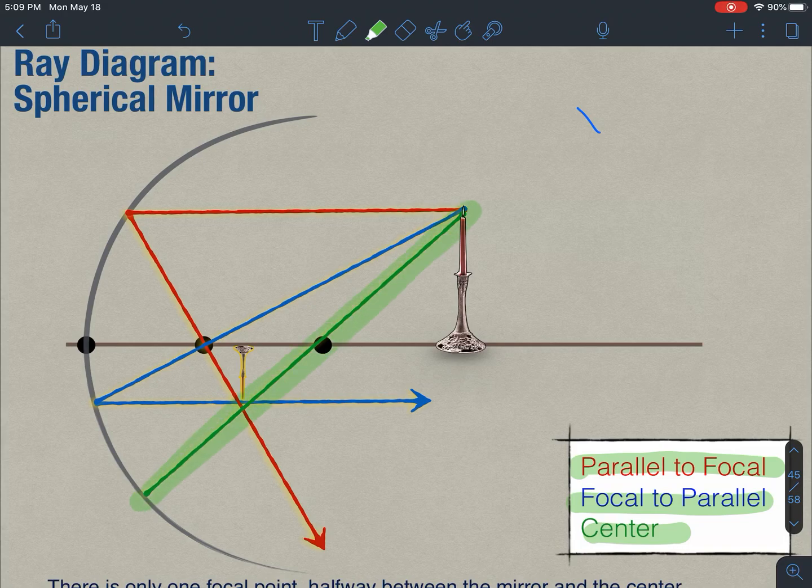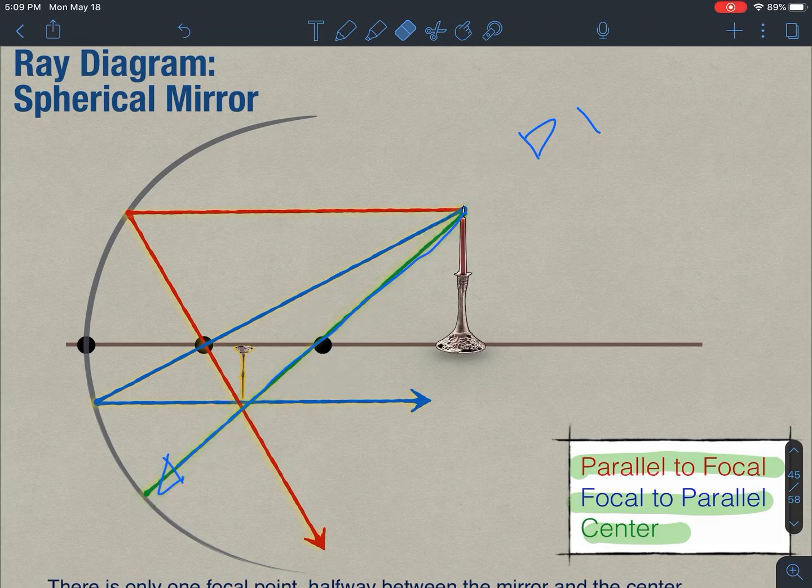And something to note, there's no arrows on this. So if we really wanted to draw, light would come out of the flame, hit the mirror, and then bounce back and go the other direction.